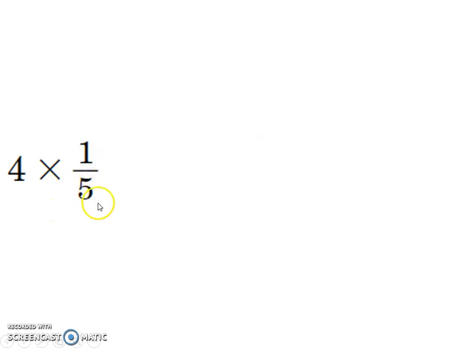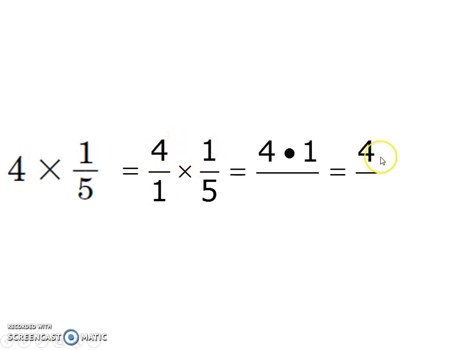4 times 1/5. First, we need to rename the whole number 4 by placing it over 1. Then multiply the numerators. 4 times 1 is 4. Then multiply the denominators. 1 times 5 is 5.